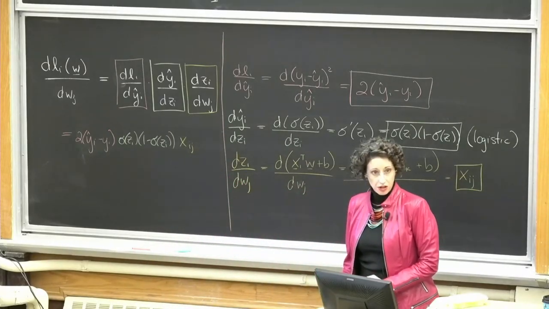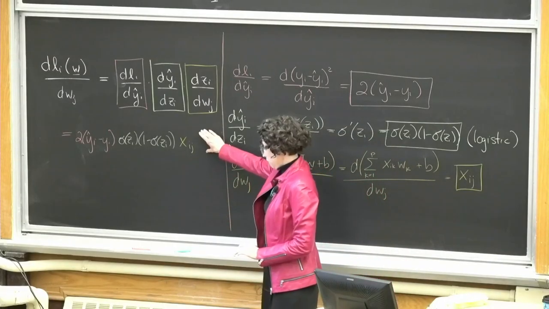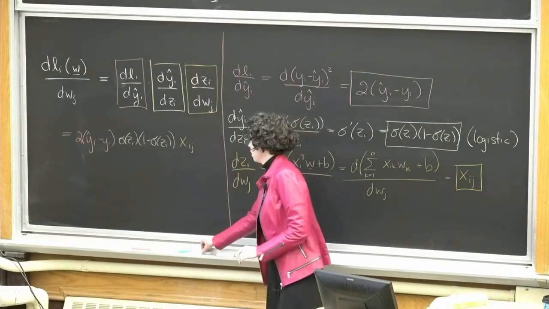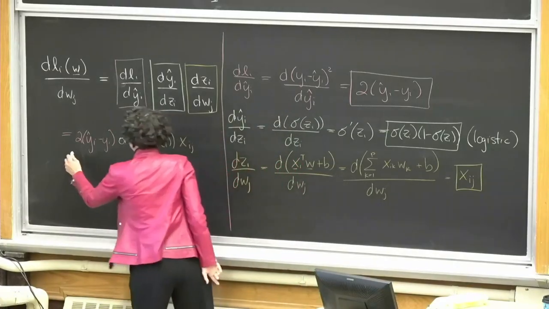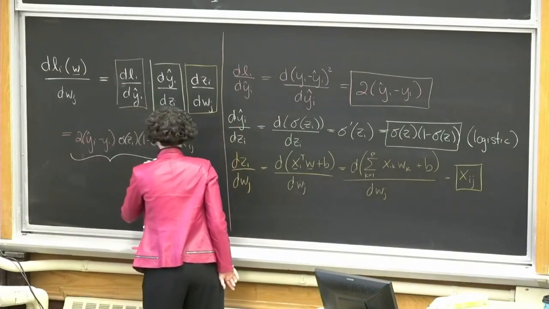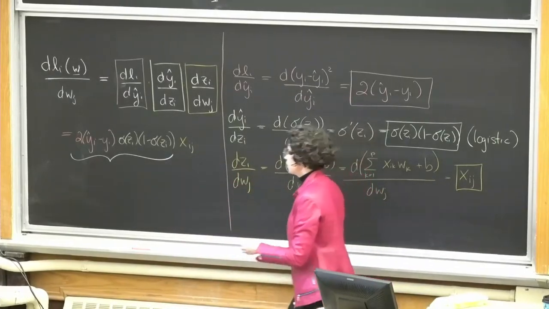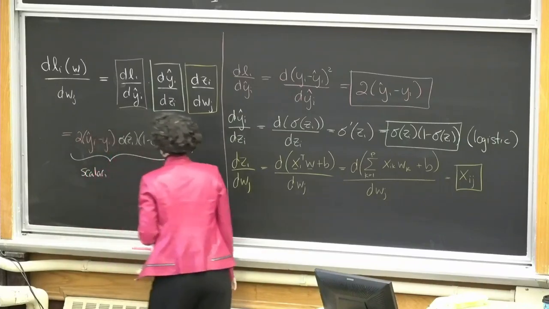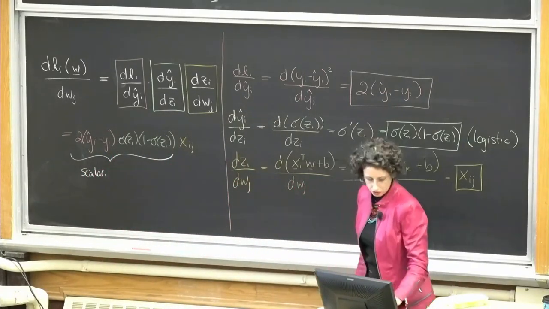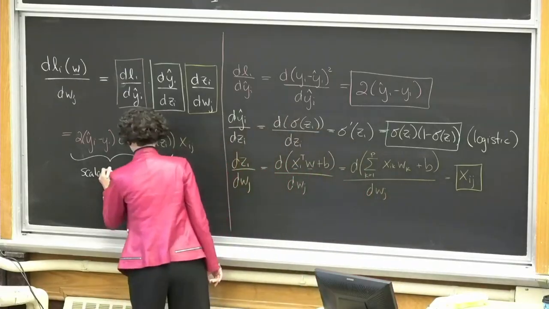Now, the thing that I want to point out is that in this expression, I have the xij, and then I have everything else here in red and green. This is a scalar, and it is going to be independent of j.